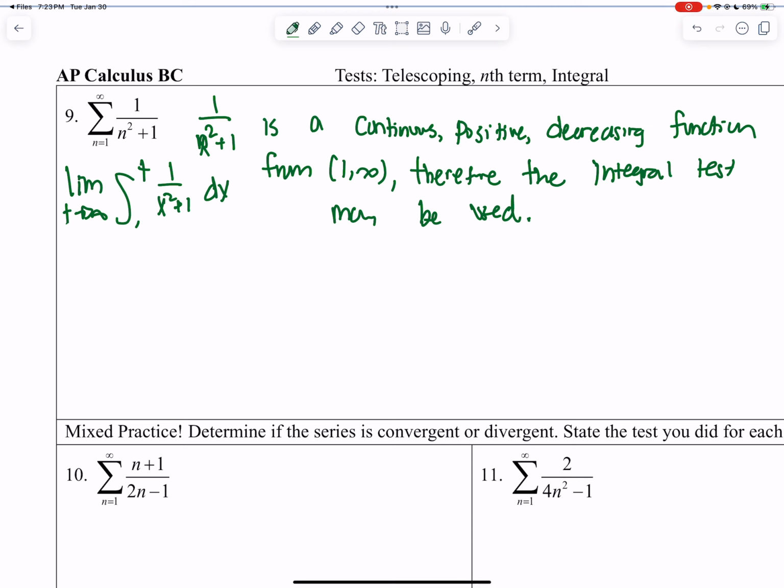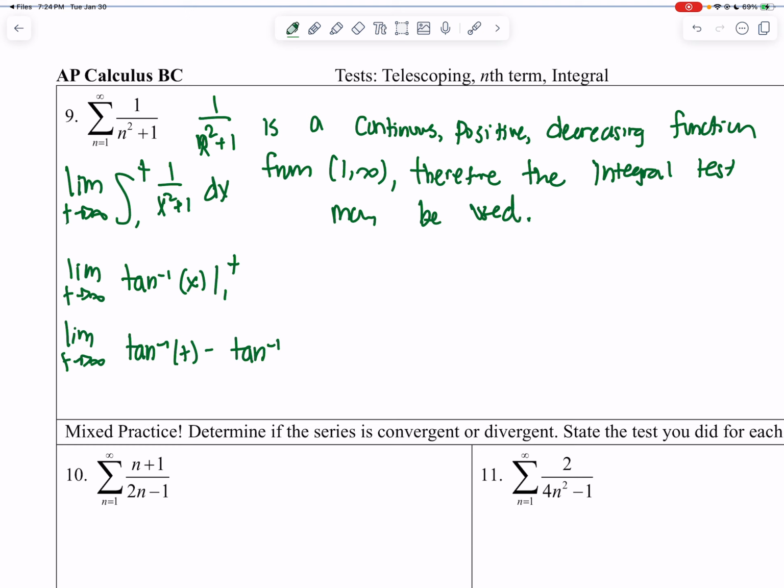All right, so we are going to integrate this, and remember that's just going to be inverse tangent. So now I have this lovely thing right here from 1 to t. All right.